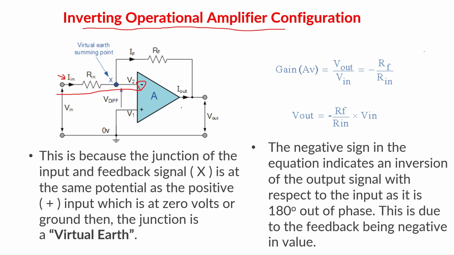The input is current I in, given through the input resistance R in, and the feedback resistance RF is used. Feedback is nothing but part of the output being fed back as input. The part of output current I0 is taken out and fed back as the input for the operational amplifier.